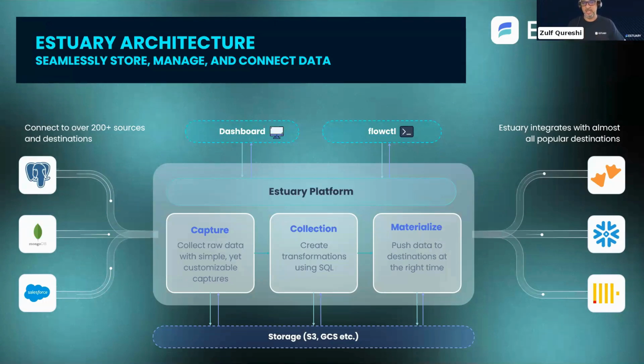And with Estuary, I've spoken a lot about alleviating the burden on that source infrastructure. And what we can service with this kind of decoupled architecture is capturing that data once, but using it multiple times downstream. So we capture that data once from Postgres, we put it into collections, and now for the destination, we can have multiple materialization tasks, each with their own technology that we need to deliver data to.